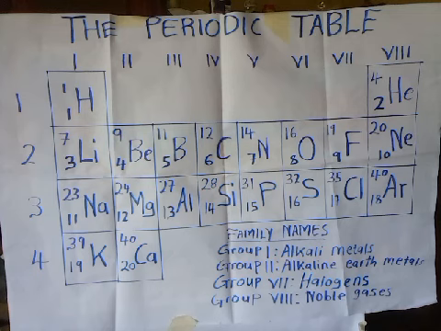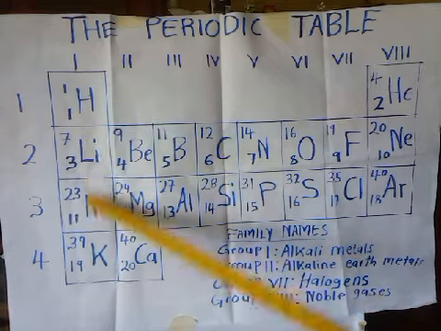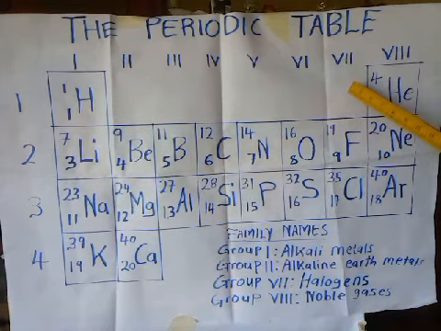From there now, let us look at some of the families or special names of group elements. Family name, we can call it family name, or special names of some group elements. So we only discuss group 1 elements, group 2 elements, group 7, and group 8 elements.